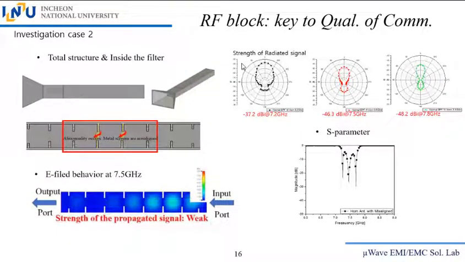Take note of the level of the antenna gain there, very small because of this mechanical distortion. Mechanical distortion is related to the RF function, and RF function finally leads to the success or failure of a communication system. That's my message today.